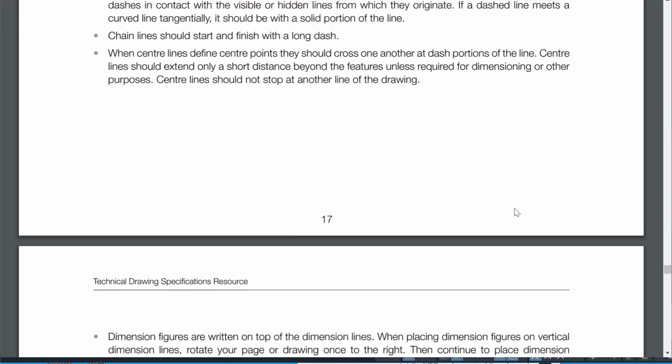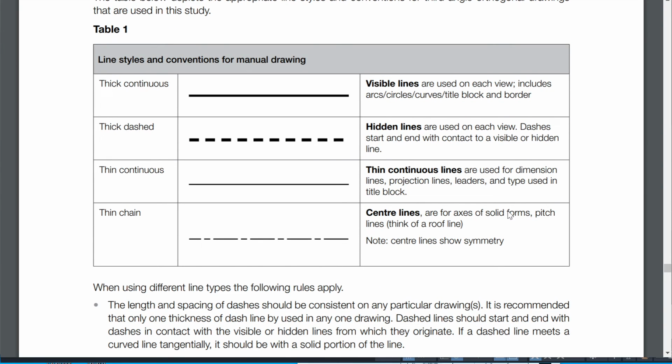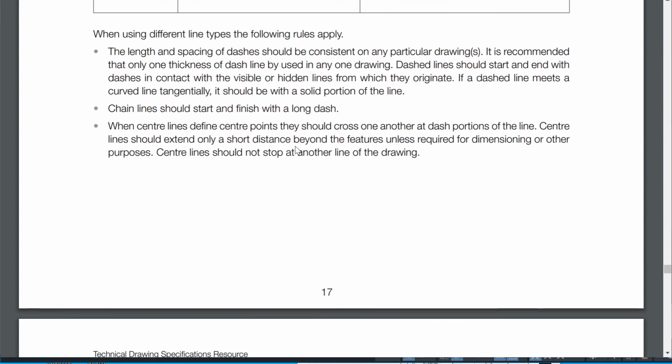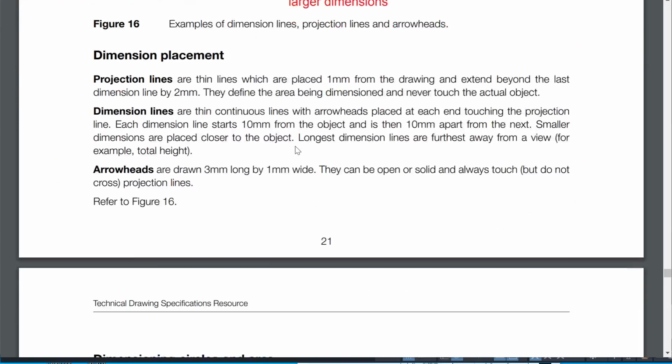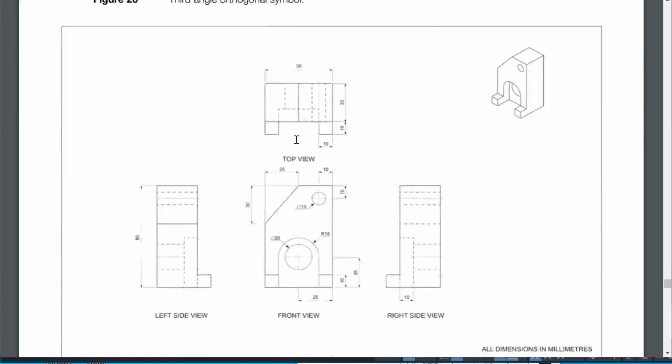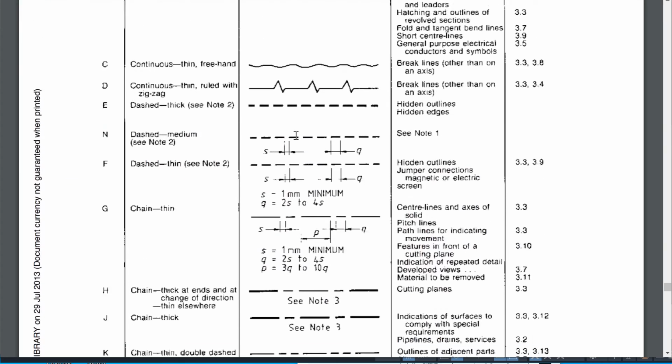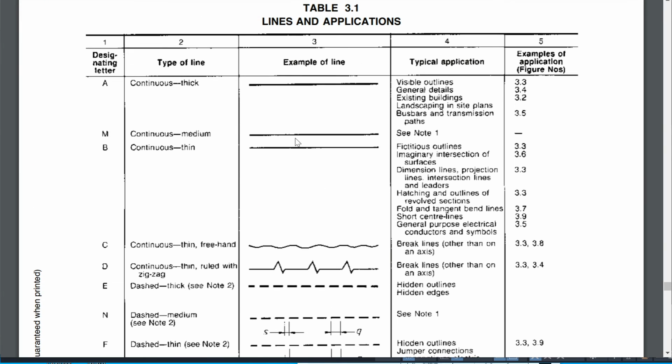So this is the VCE document, and it says that visible lines should be thick dark lines, hidden detail lines should be thick dashed lines, and it also says that in the HSC. Sorry, not in the HSC, in the Australian Standard. So it says hidden detail lines should be dashed thick, note 2.